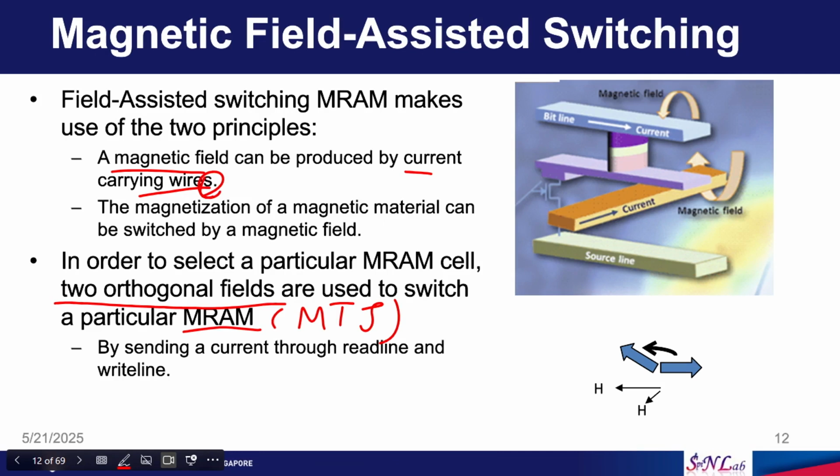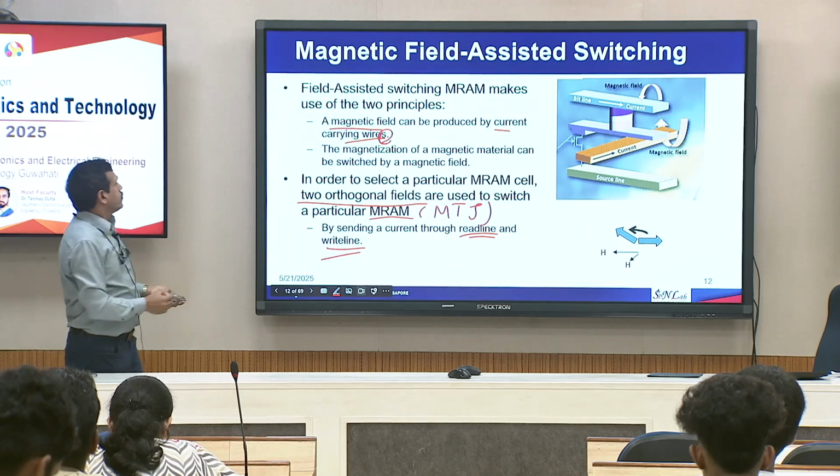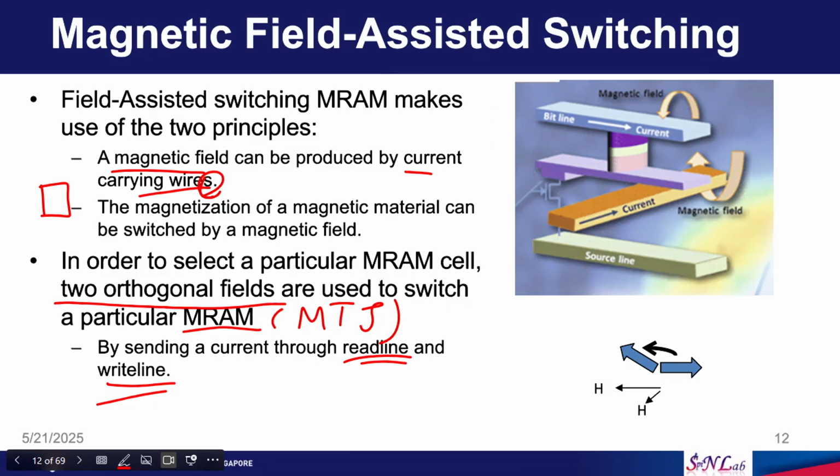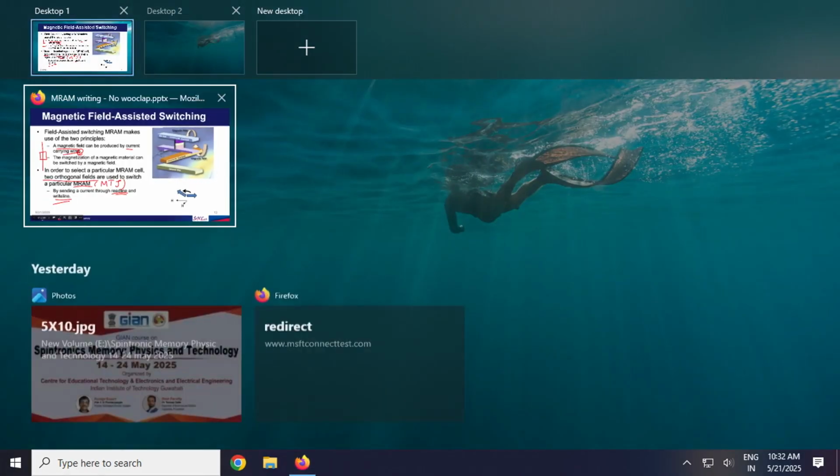We will be sending current through the read line and bit line. If you remember the memory array I showed you a few minutes ago, we had a memory cell here. This memory cell is accessed by a certain word line, then a certain bit line.